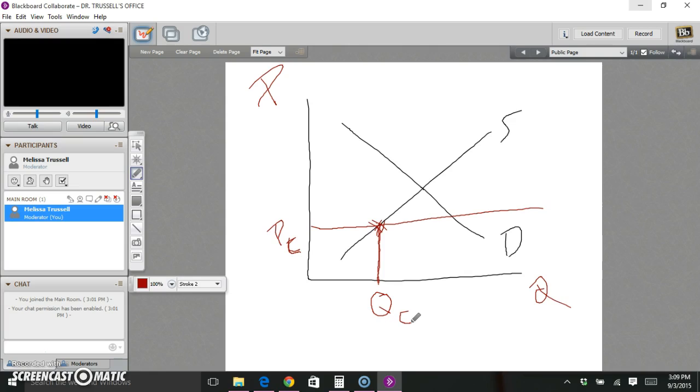So at this quantity, the demand curve is up here at this point. So that essentially tells us how much the consumers are willing to pay for the product, for gasoline in this case, when this quantity is all that is supplied.